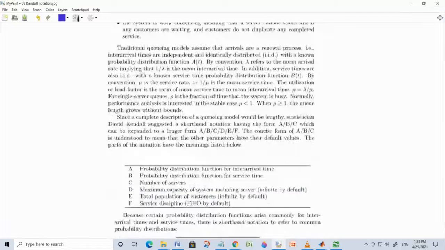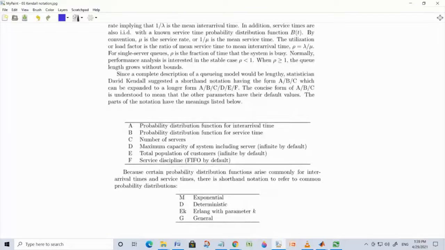Let me focus on the notation. When you describe a queuing system, you write down a list of letters that may look weird. Think about the components of a queuing system: there are arrivals coming from a population, so there is an arrival process, and you need to characterize the PDF of inter-arrival times. The first letter you write is the probability distribution for inter-arrival time.